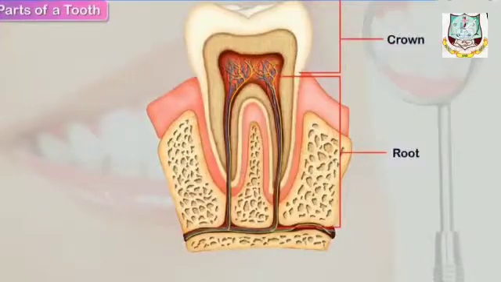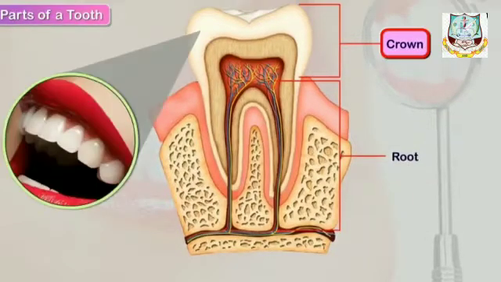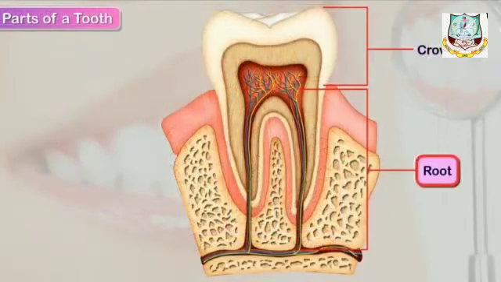So, each tooth is divided into two main parts, that is the crown and the root. The part of a tooth which is visible to us, that is seen above the pink gum, is called the crown. And the part of a tooth which is not visible to us and is inside our gums is called the root.